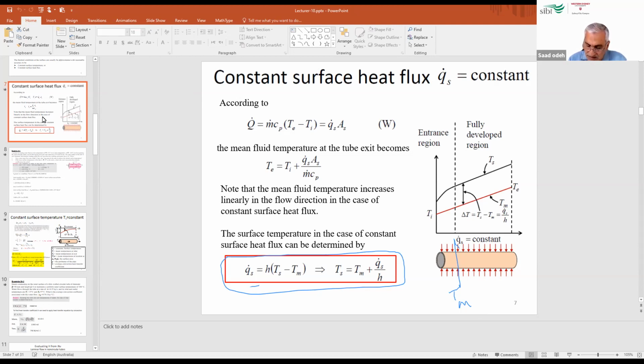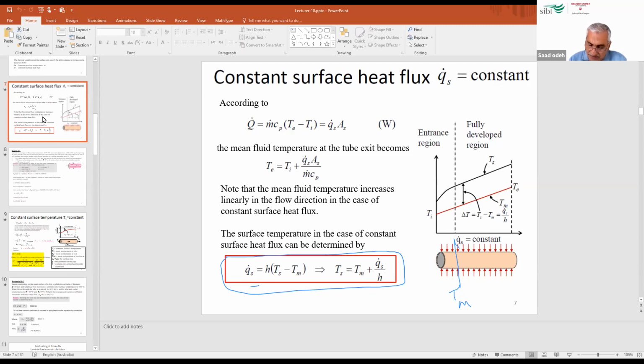In case we don't have constant heat flux, but we have constant surface temperature, the equation will be different. The difference here is because the difference between surface and fluid temperature is not constant.